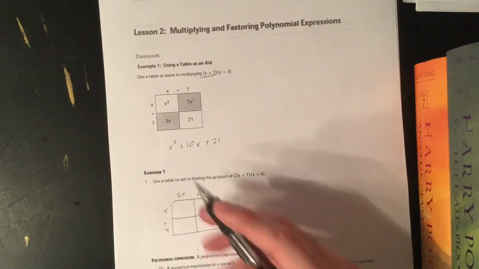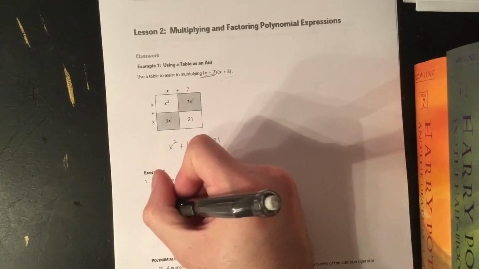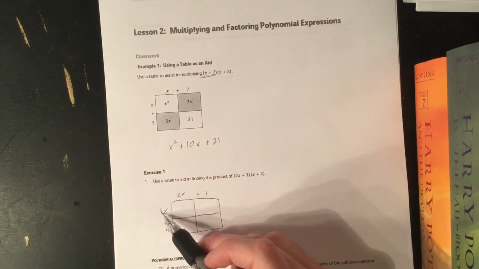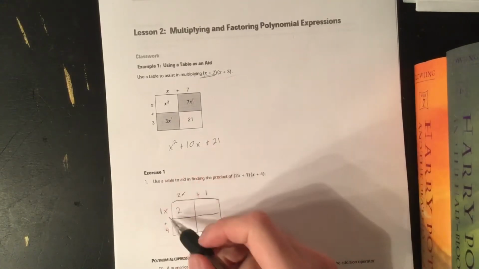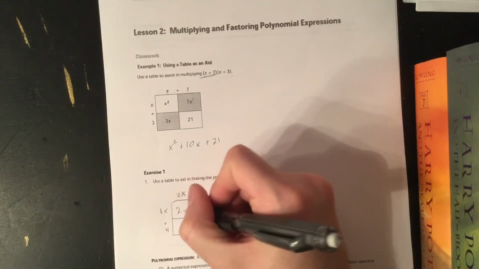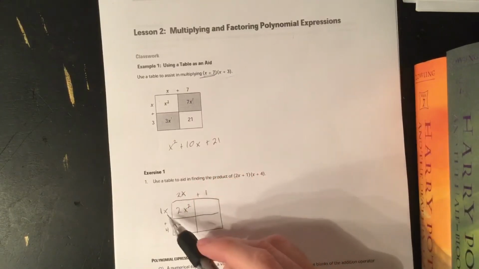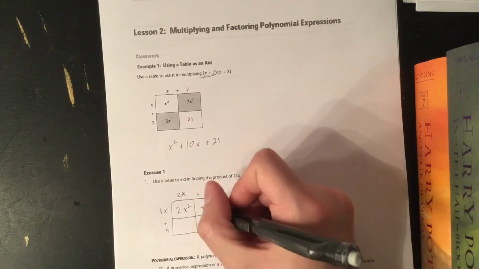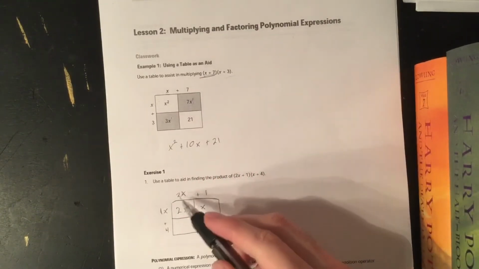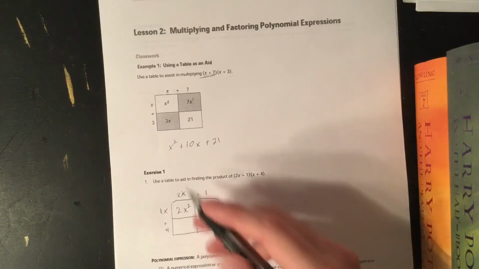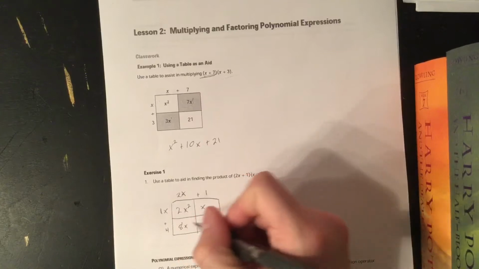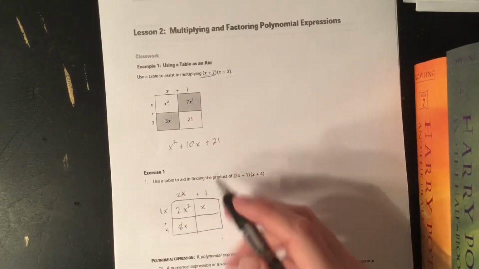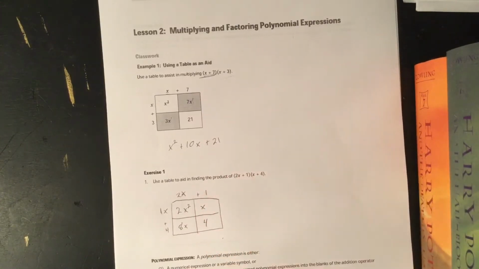When we multiply these together, it's like you have a leading coefficient or a constant number of 1 out front. So it'd be 1 times 2, you'd have 2, and you multiply the x's together, it's going to be x squared. And then you'll do x times 1, you'll just have x. So then 2 times 4 is going to give us 8, and it's still multiplied by x, so there's still an x there. And you do 4 times 1, that'll be 4.